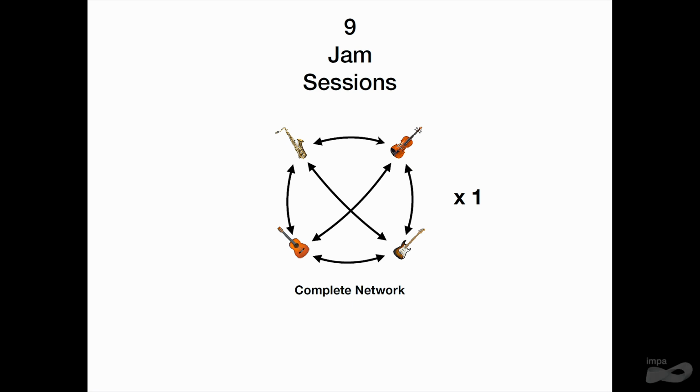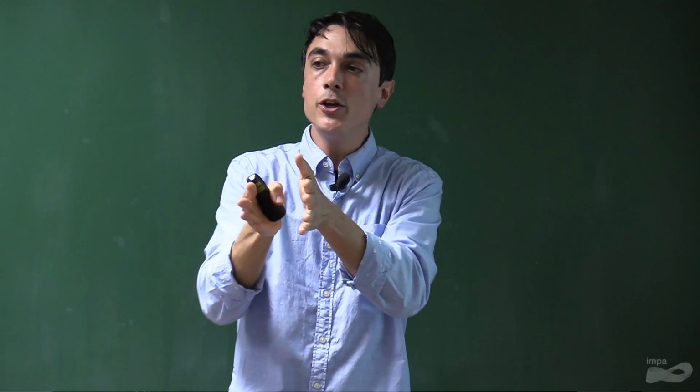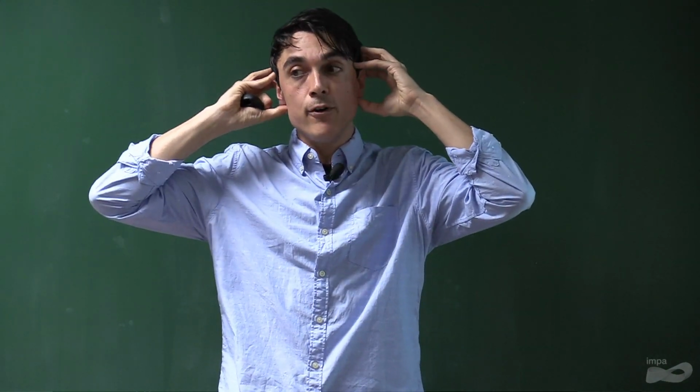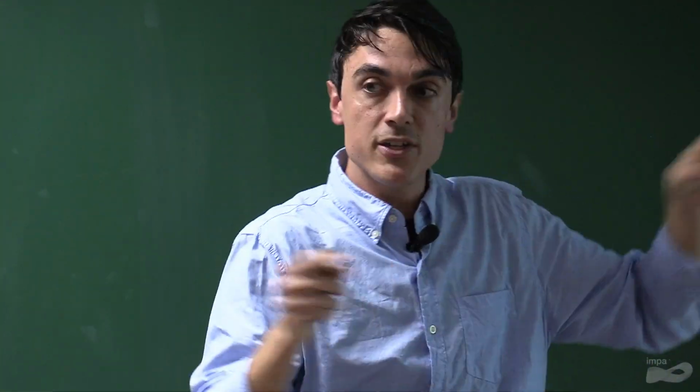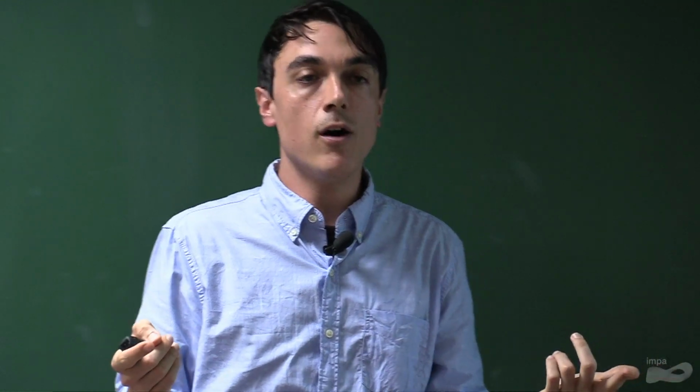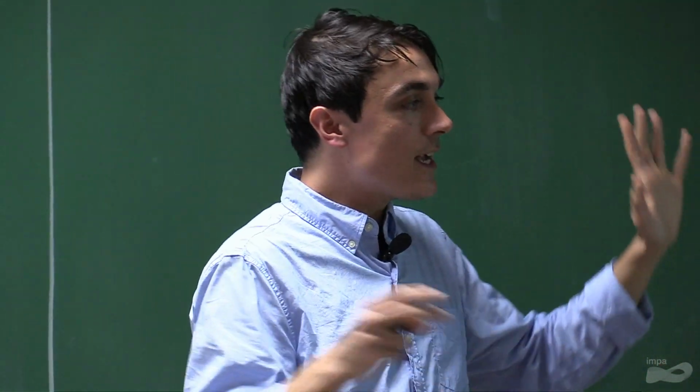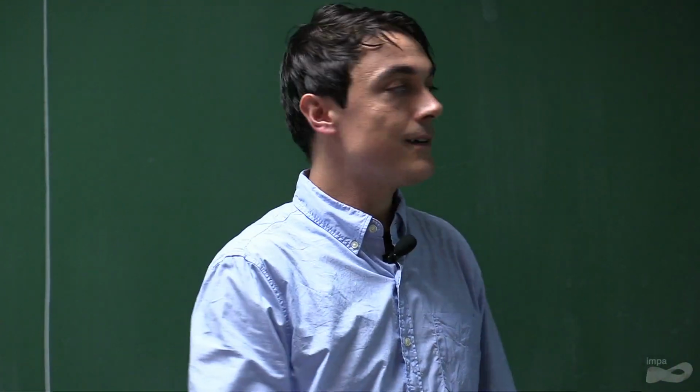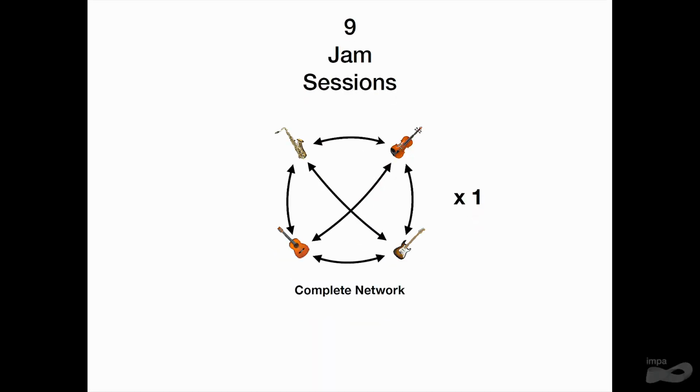They were in a studio, separated. All their audio input was run through the studio equipment, and they were all wearing headphones, so I could say, okay, this person gets that signal, and so on. So this was like the control session. Complete network, everyone hears everybody, normal.